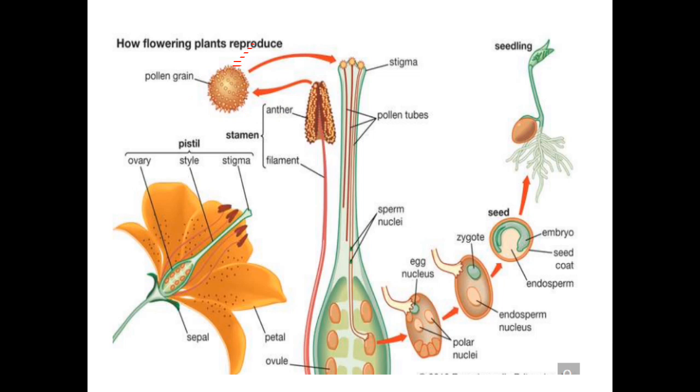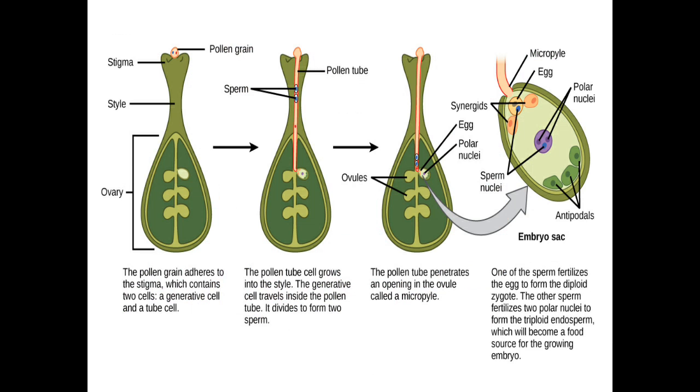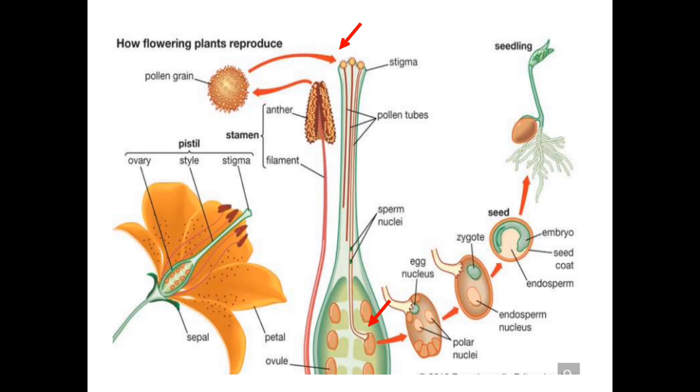Now when the pollen grains are transferred to the stigma, they become attached there, and this process is pollination. After pollination, these pollen grains produce pollen tubes, which produce the male gametes inside, and the gametes go through the pollen tube to the ovule and fuse with the female gametes.